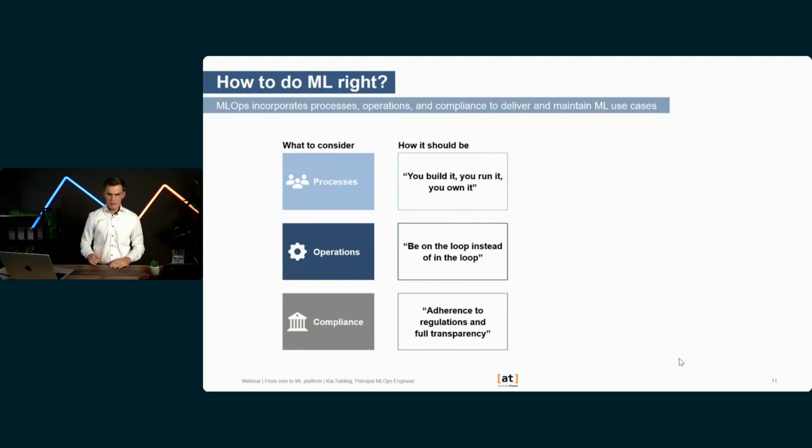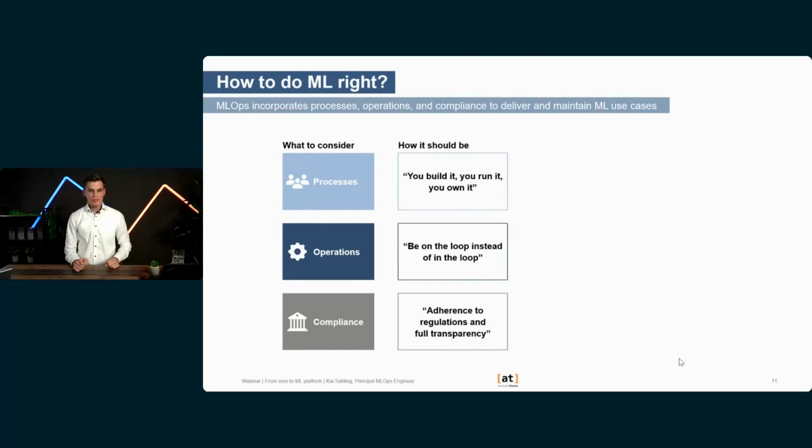The goal is to be on the loop instead of in the loop. That's really a term I like very much. In the loop, you focus on that maintenance. The system is in control of you, basically. You check the logs each and every day. You check them to see if it's still working or not.